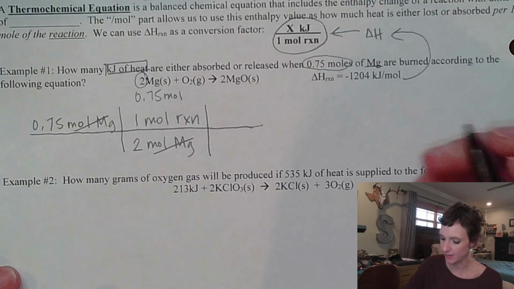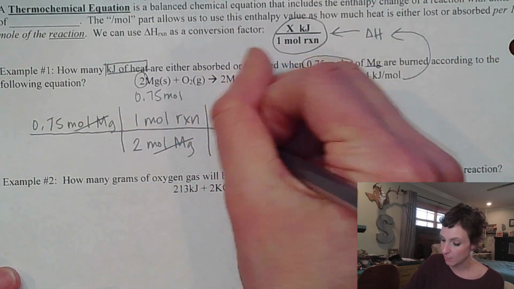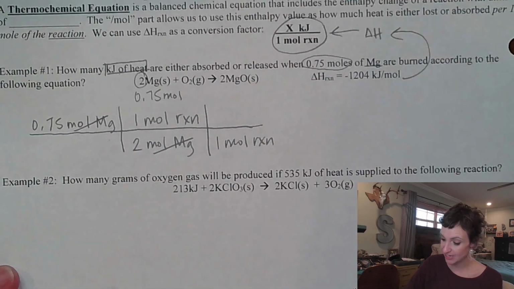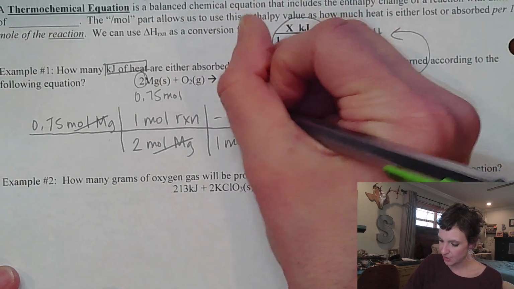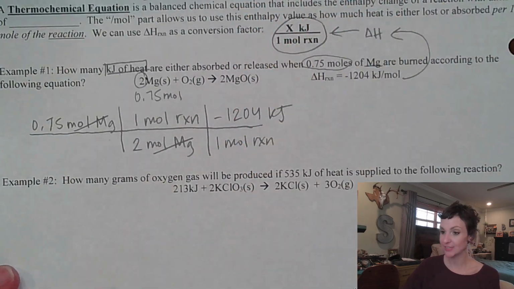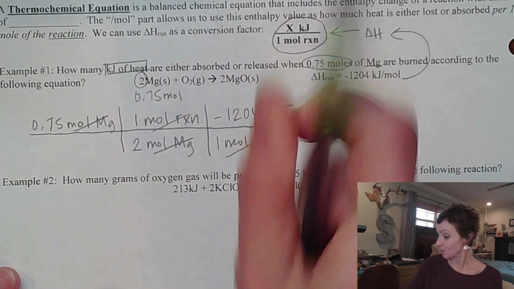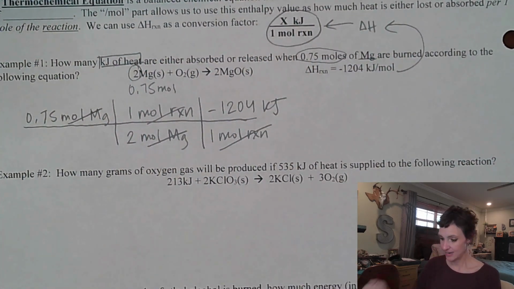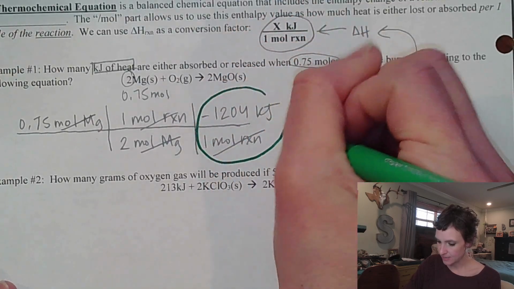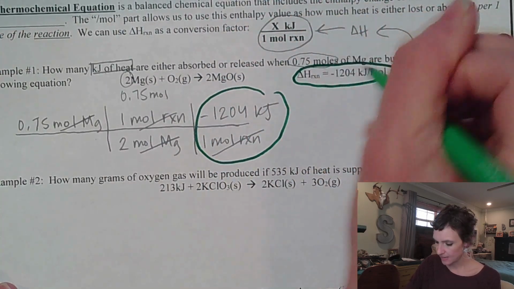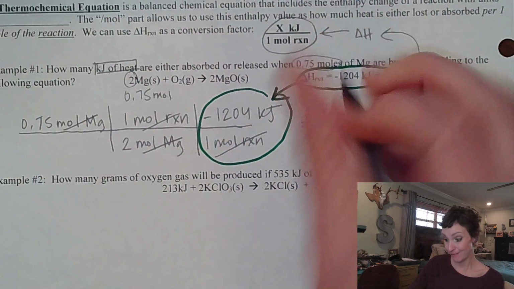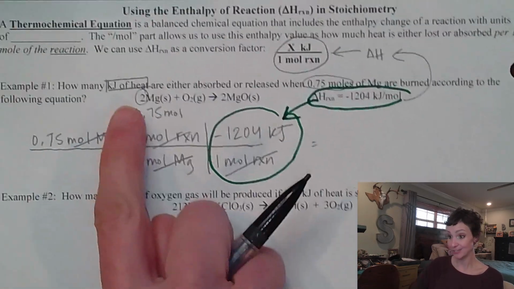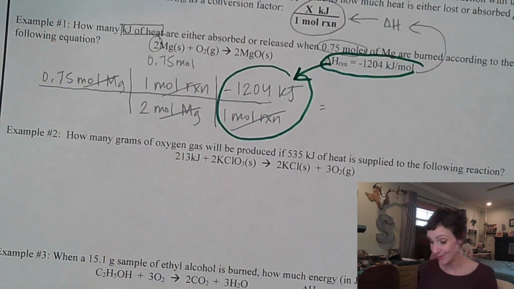So for every 1 mole of the reaction, I will release negative 1,204 kilojoules. I have turned this into a usable conversion factor. Because my units cancel off, I get an answer in kilojoules, which is what they wanted me to solve for. I feel so happy about that.